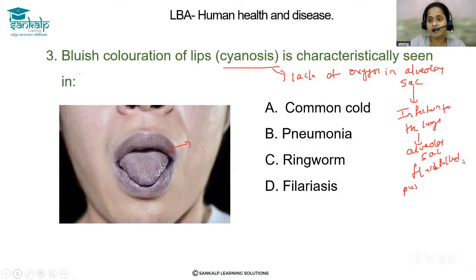So due to that there will be a lack of oxygen, and that causes the cyanosis. Okay. So the correct answer is, in case of pneumonia, this is the characteristic feature we can observe. So the correct answer is here, dear student, option B, that is pneumonia. Thank you.